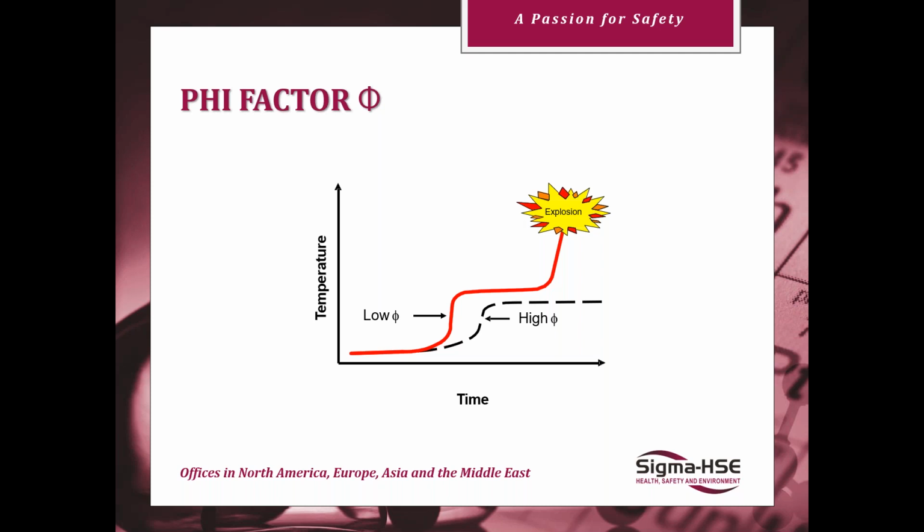So that is a loss of heat from your reaction system. And then you've got a low phi system with the red line, and that is holding the heat in your reaction mass. The resulting temperature is higher, and you reach this point where you have a thermal runaway and an explosion. So your high phi tests are typically good screening tests. They give you good indicative points, but you will generally have a higher sort of safety margin with any results, and you may miss events as well.